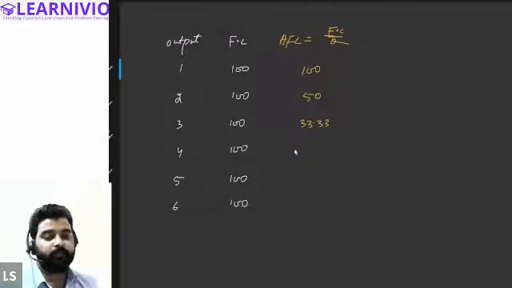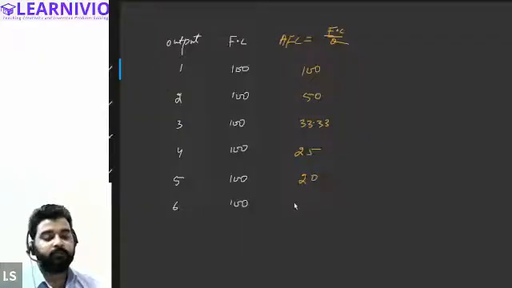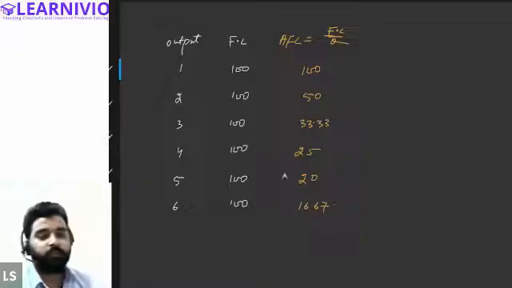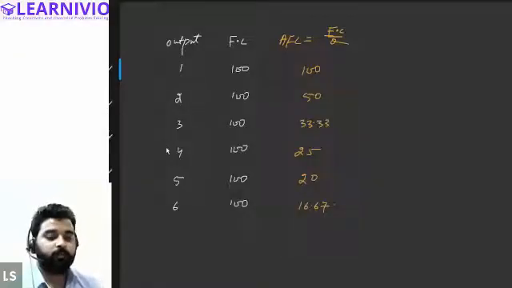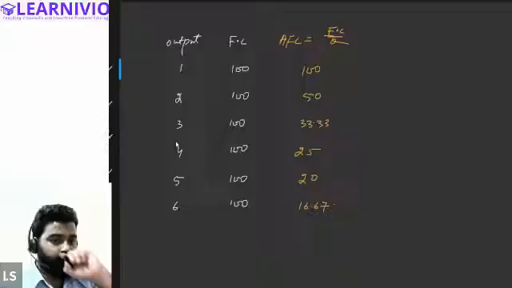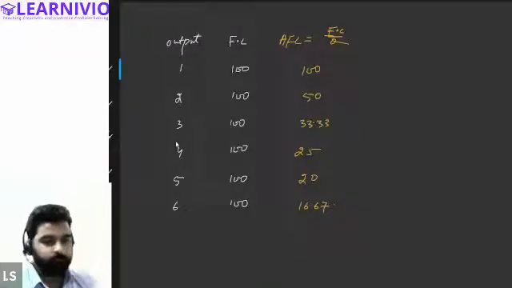Then 100 divided by 4, it will be 25. 100 divided by 5, it will be 20. And 100 divided by 6, it will be 16.67, I guess. 16.66, yes. Okay. So this is the average fixed cost. All right, everyone. Is this clear to all of you? Any doubt? No, sir. Anyone? Arisha, Sakshi, Ikra. This is how we calculate the average fixed cost.